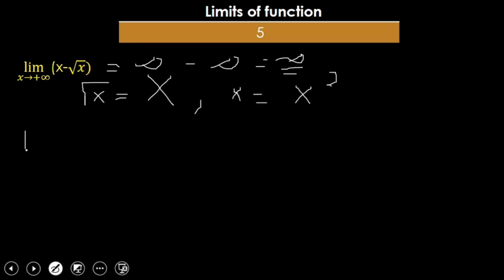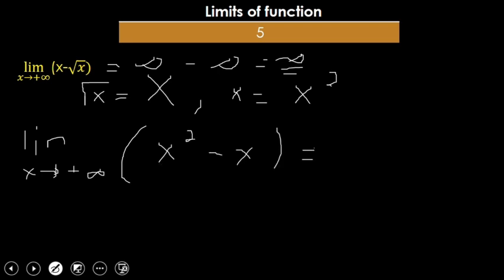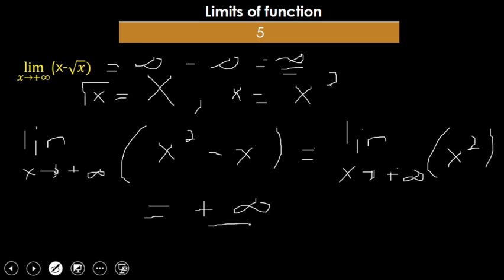That is the limit as x tends to plus infinity of x square minus x, and using the preponderant term, that is the limit as x tends to infinity of x square, and the answer will be plus infinity. Let's move to the next question.